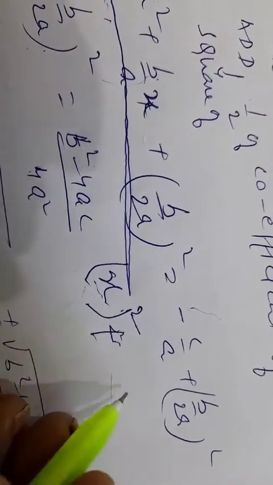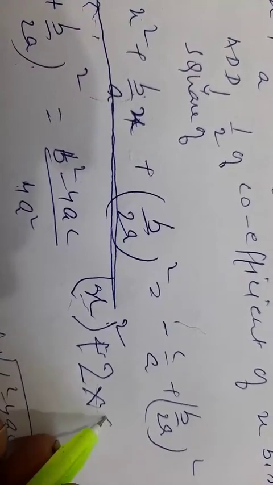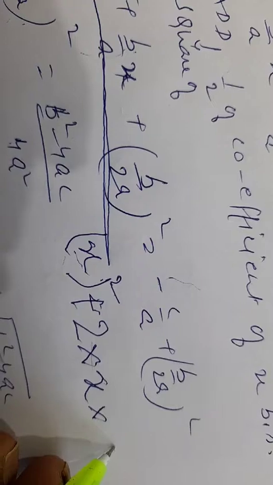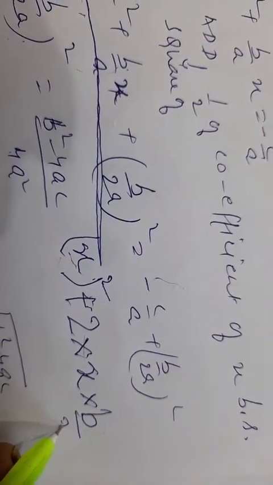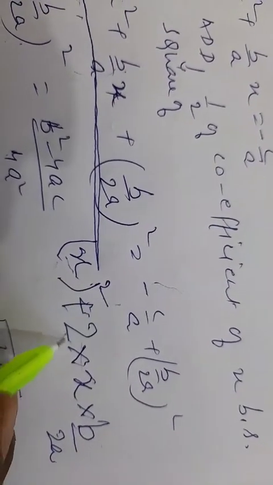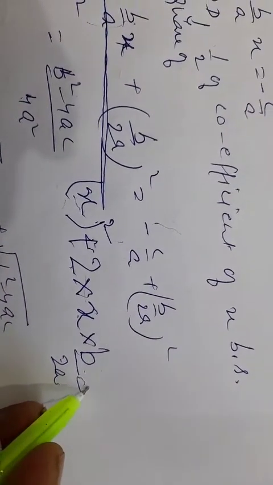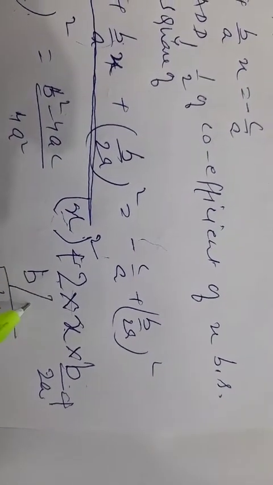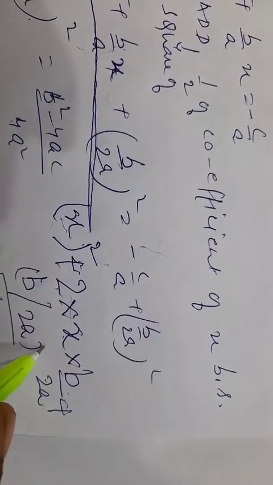plus 2 into x into b by 2a. Now it becomes a square plus 2ab, and then we are having plus b by 2a to the whole square.